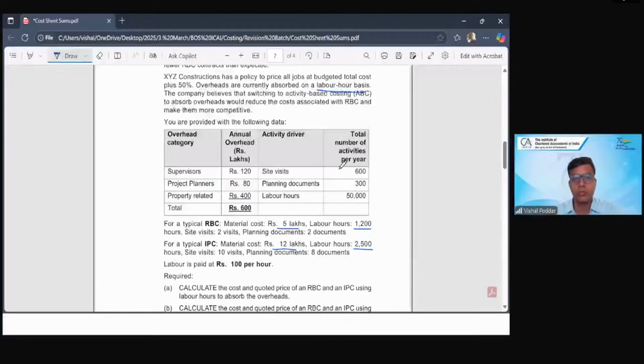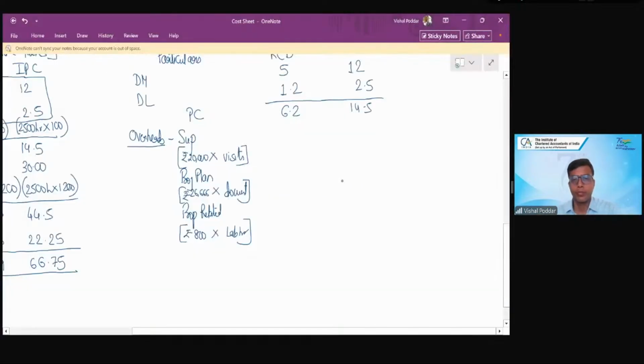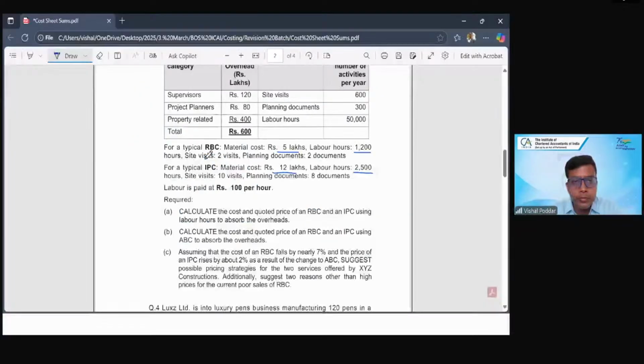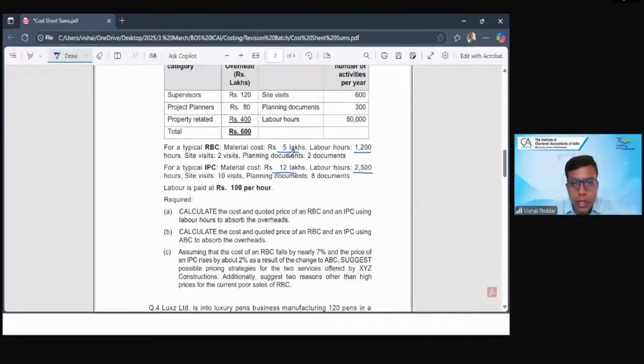Now, 1200 hours, 2500 hours. So this multiplied by 1200, this multiplied by 2500. Site visits 2 and 10. So here multiplied by 2 visits, here multiplied by 10 visits, and then planning documents 2 and 8.